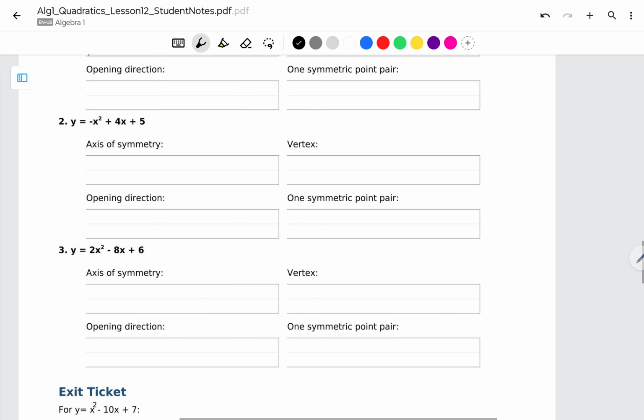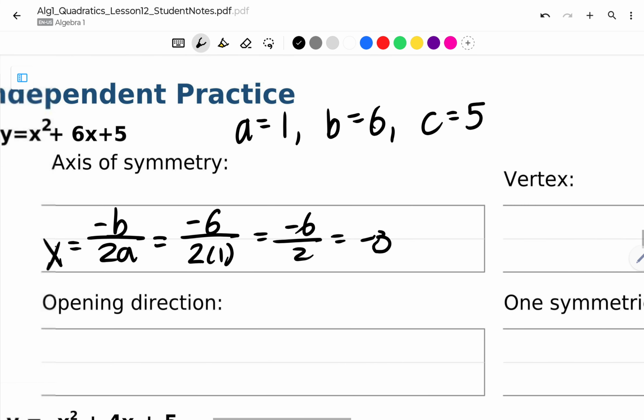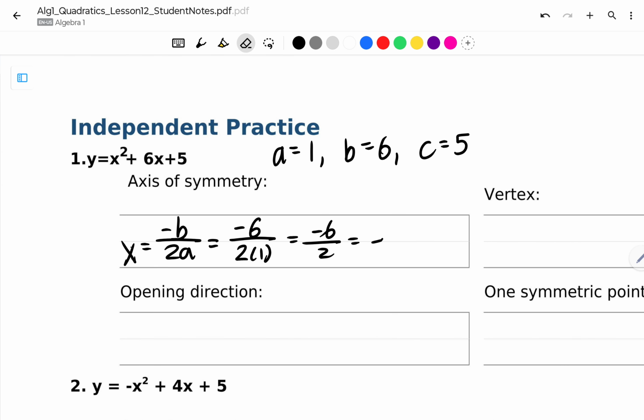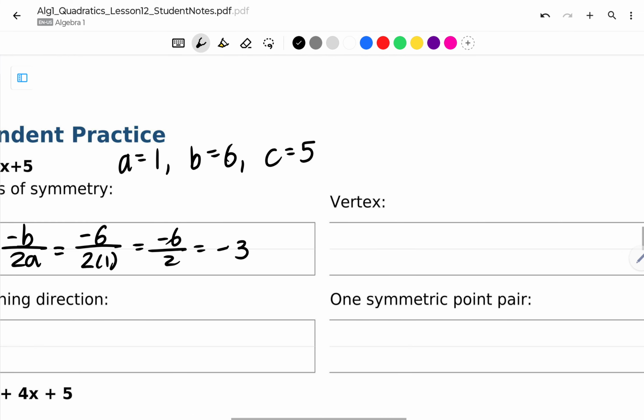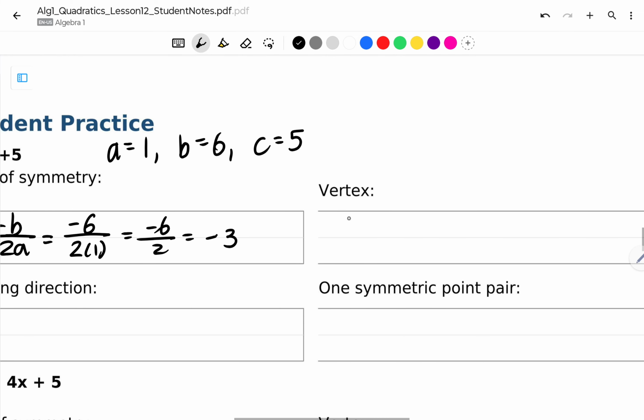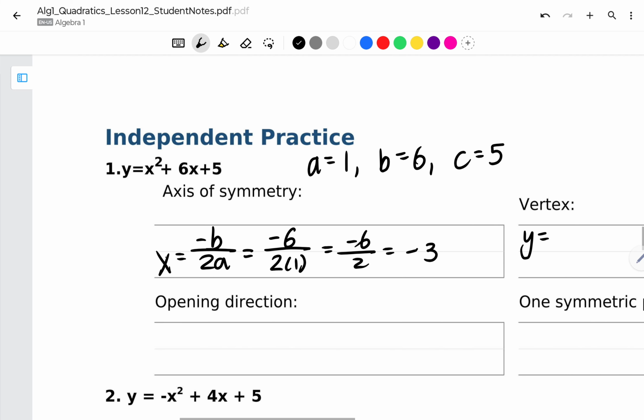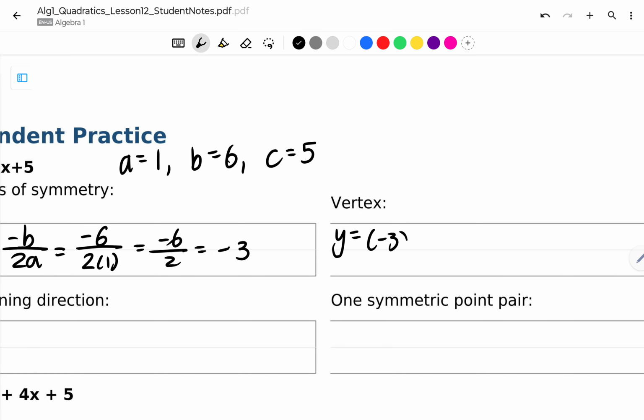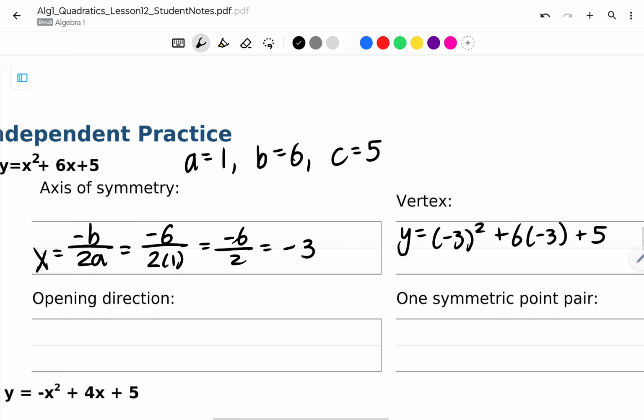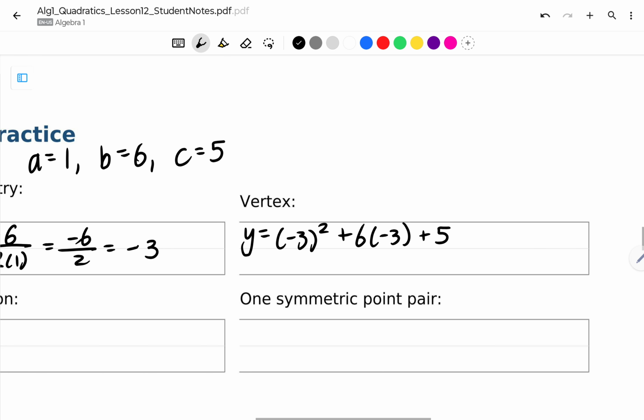And then I have to take that axis of symmetry and plug it into the equation to find my vertex. Okay. y equals negative 3 squared plus 6 times negative 3 plus 5. Notice how I'm putting in parentheses every time I replace my x with that number. Okay.